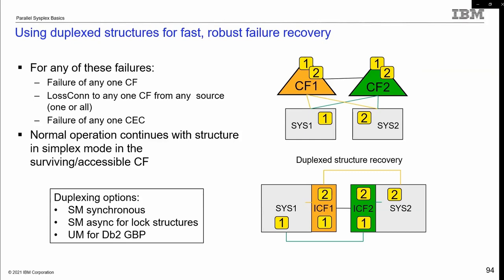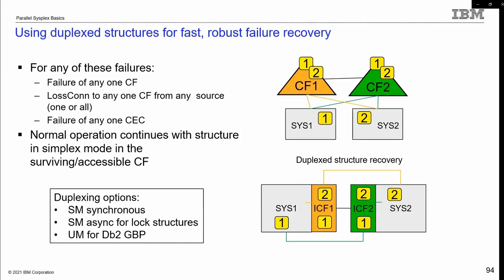So, in the case of duplex structures, you're going to get fast, robust failure recovery. And so when you have a failure situation, it's going to take a lot less time. In this example, you can see that we have a couple of different solutions for duplex structure recovery. In the case of System 1, System 1 is writing its data to both external coupling facility 1 and external coupling facility 2.